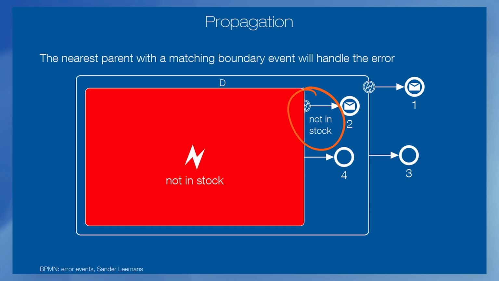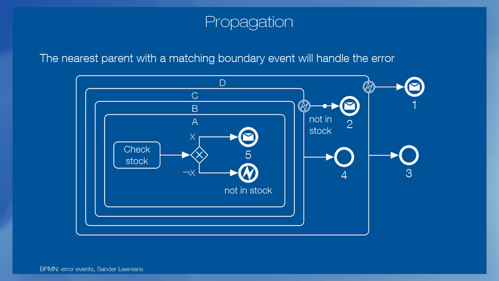That means that this boundary event will consume the error and produce a token on its outgoing sequence flow. Now C is back to normal, everything in it is back to normal, and we are in the error handling routine. In this case, we send a message based on end event number 2, and then D is finished.